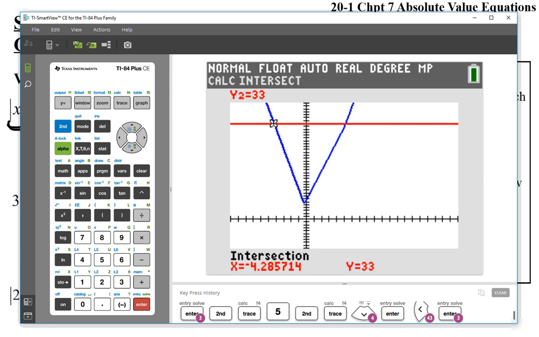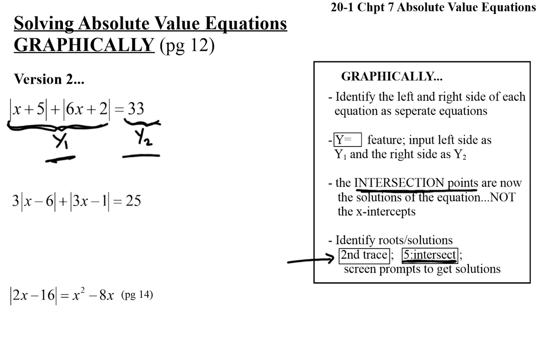Yes, please guess the answer. And the second x value, because that's what we're looking for, is negative 4.29 when it's rounded. So there you go. There's the two solutions for this. x equals negative 4.29, and it also equaled 5.14.